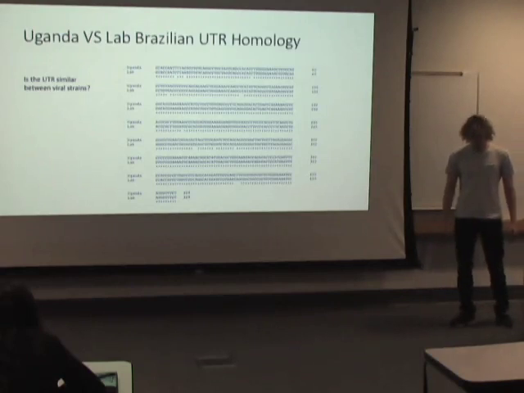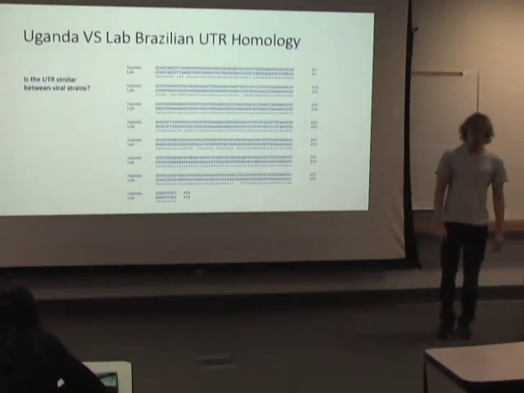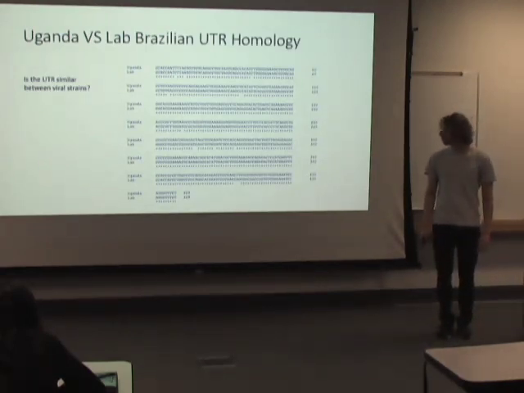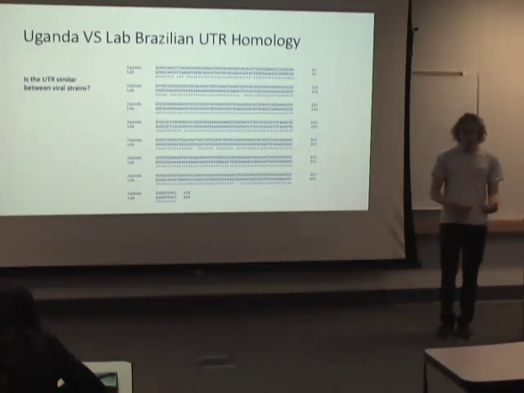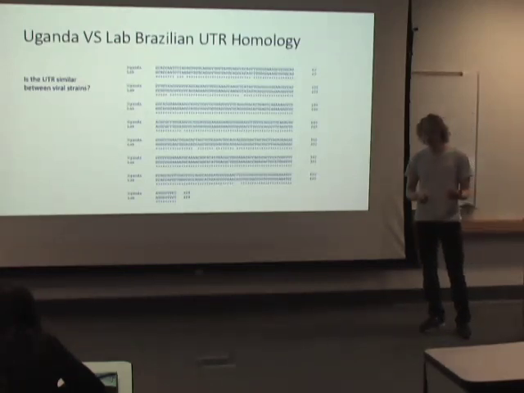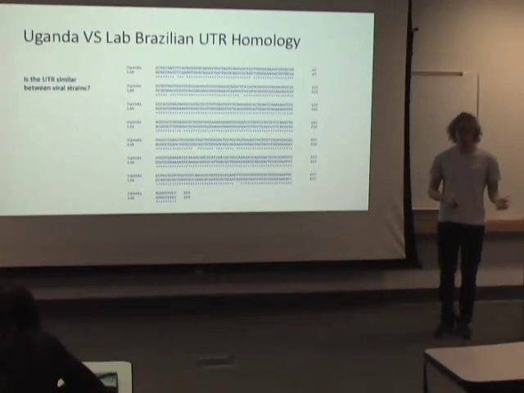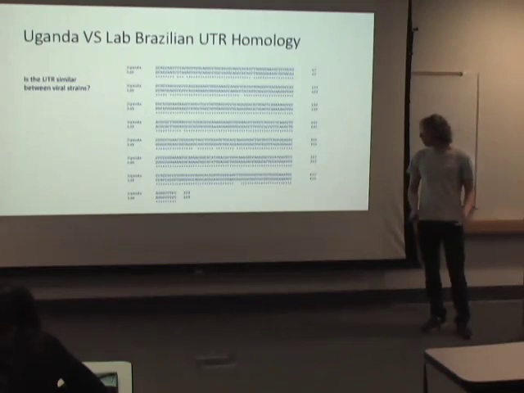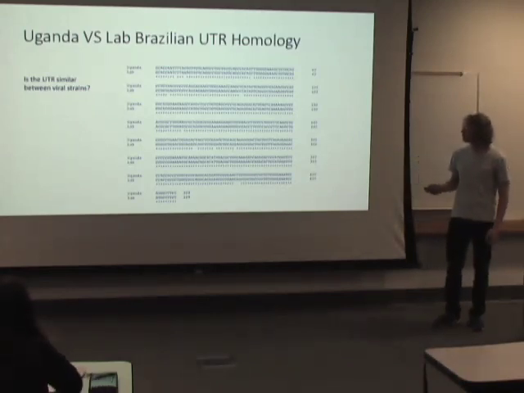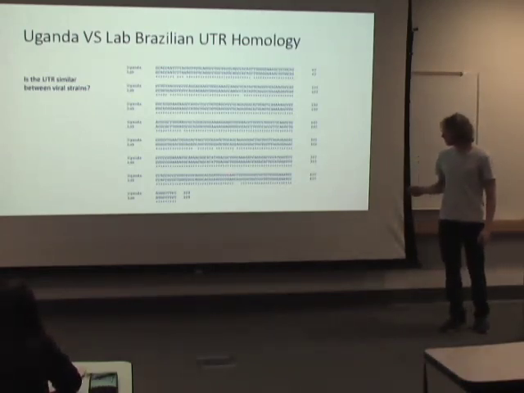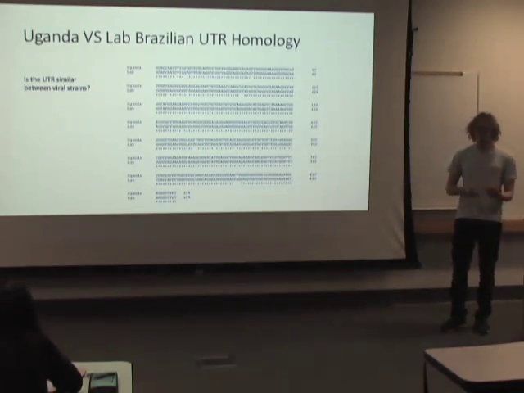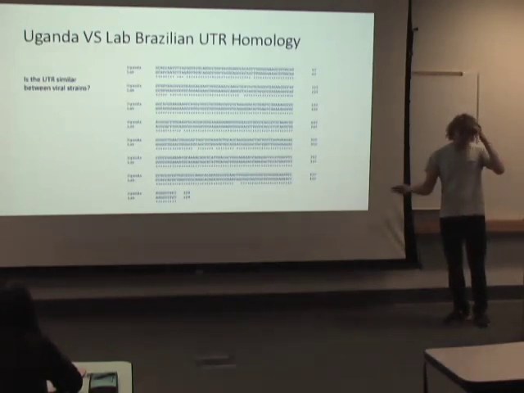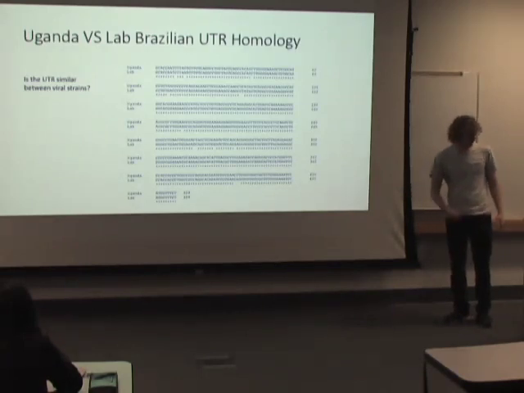So previously, the Ugandan strain of Zika virus has been quite well characterized, and the first step was to see what the differences are between the Zika from Brazil, which is one of the main ones that we're seeing in America, versus the Ugandan one in the UTR. And here's the sequence alignment between the two. As you can see, other than maybe a few spots here, here, and here, they're almost exactly the same. They're actually 96% the same.